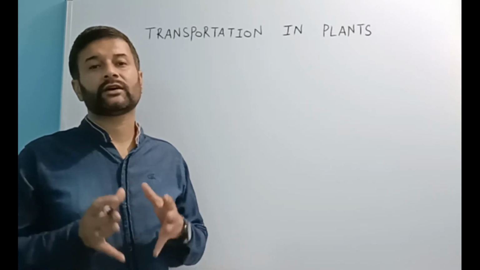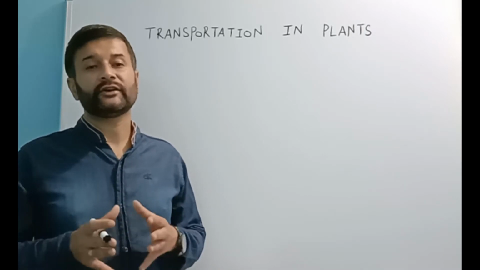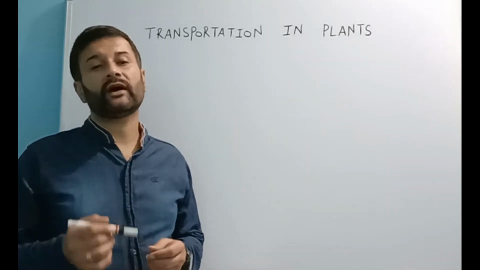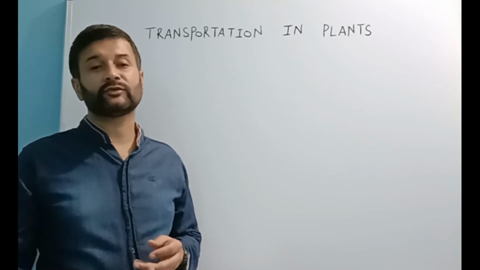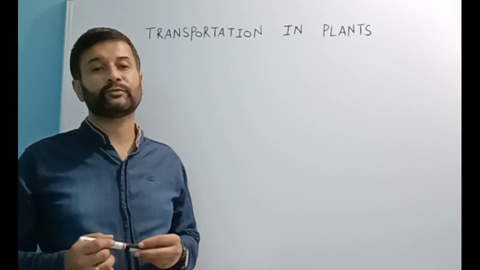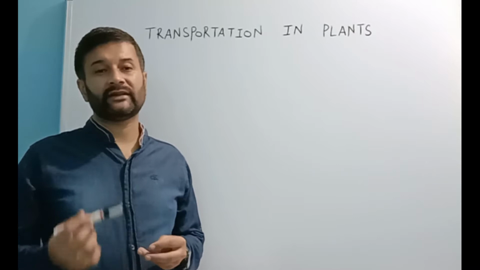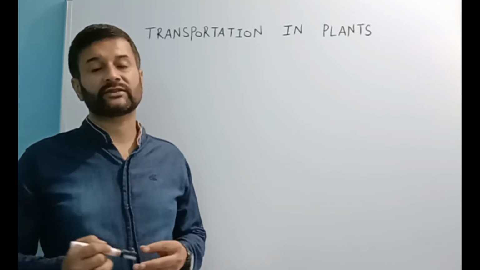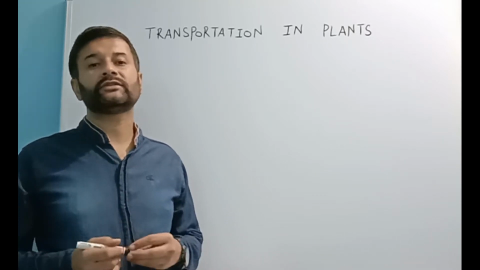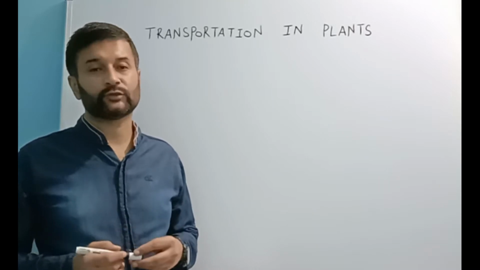These pathways comprise conducting tubes, one for transporting water and minerals to different parts of the body and the other for transporting the food prepared by the leaves to the various parts of the plant. So now we are going to discuss these two pathways.